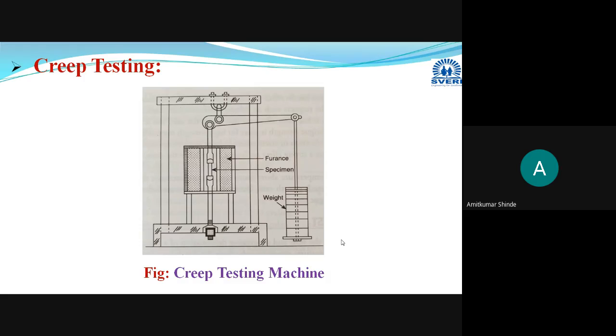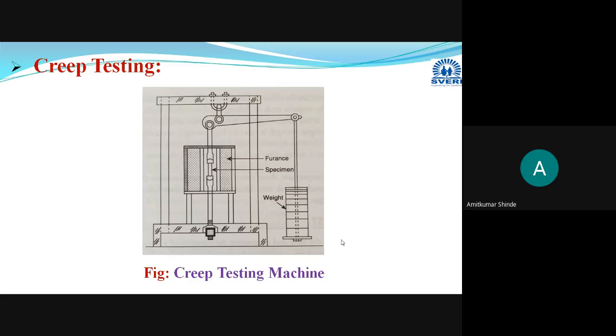As time passes, deformation is increasing in that particular material. That will be termed as creep, but here some specific conditions are there. Whichever deformation is occurring with time should occur at a constant stress and at a constant temperature. That will be termed as creep.